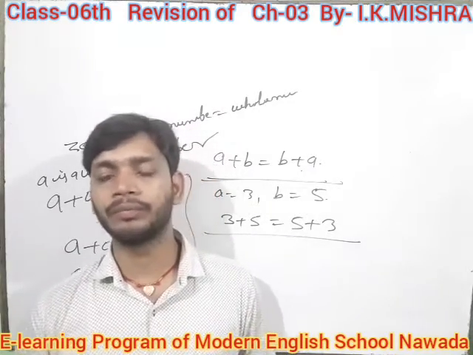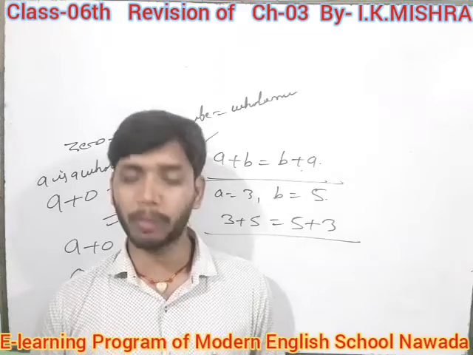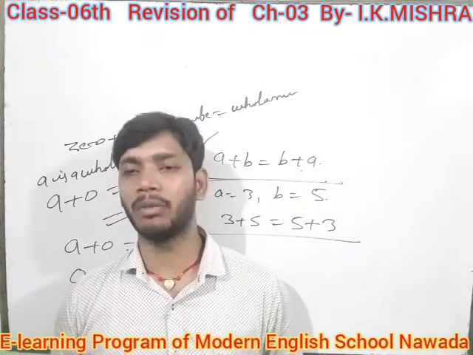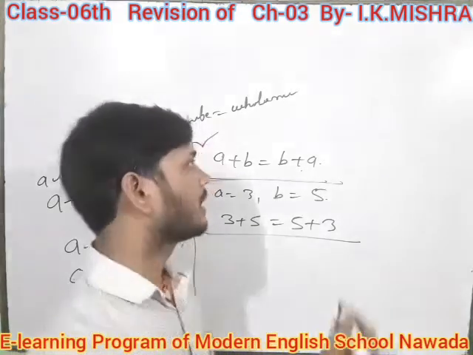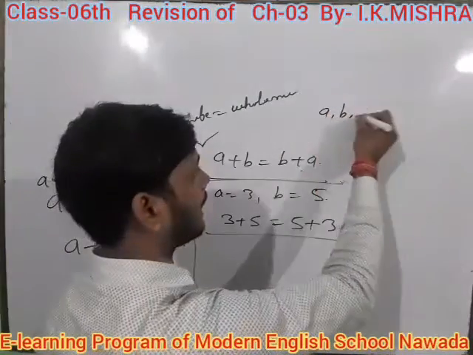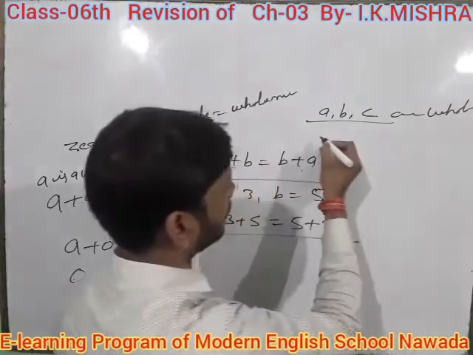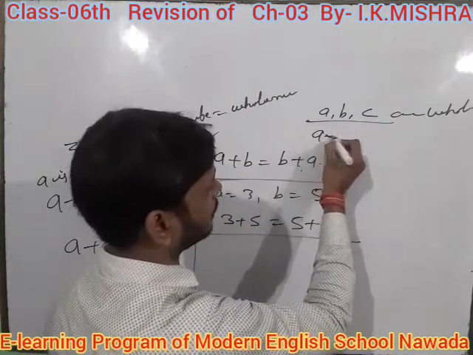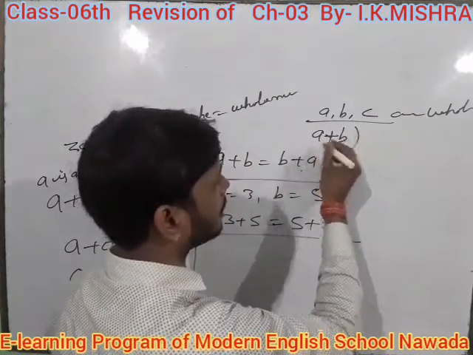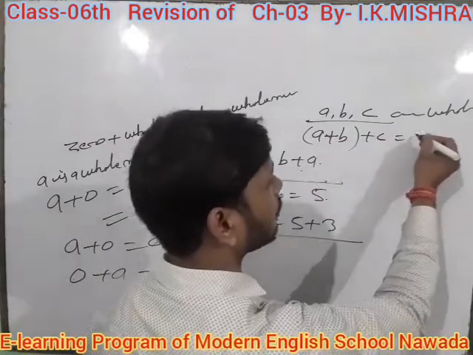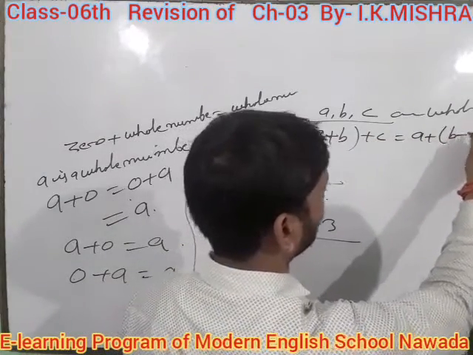Now students, know the associative property. What is the associative property? When A, B and C are whole numbers, then (A plus B) plus C is equal to A plus (B plus C).